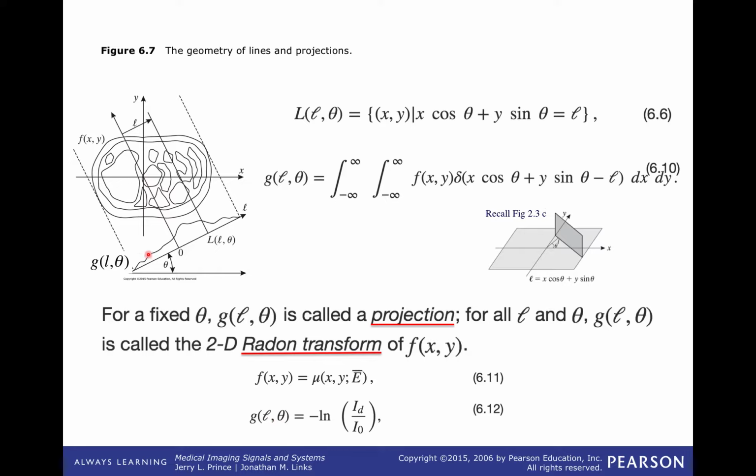And when we plot it, we get some positive function, right? That's here, and we're going to get a unique one for every theta. So now we have a two-dimensional function, g(L, theta), right?